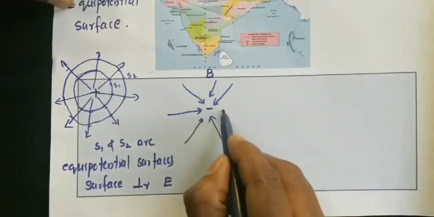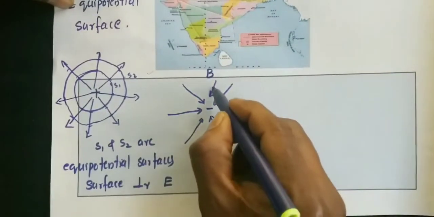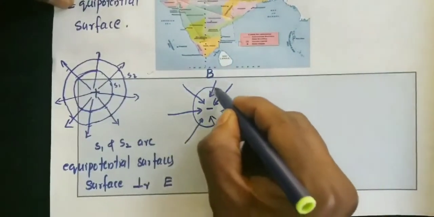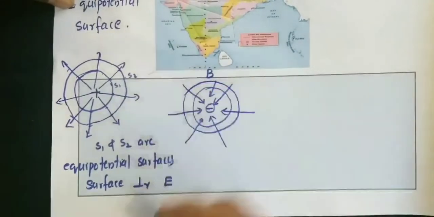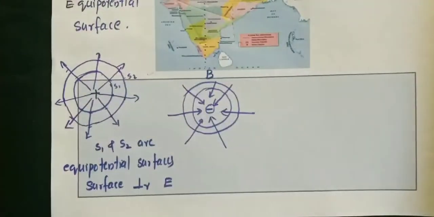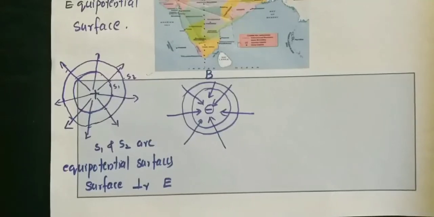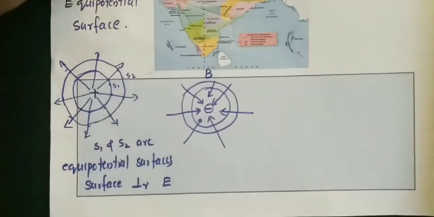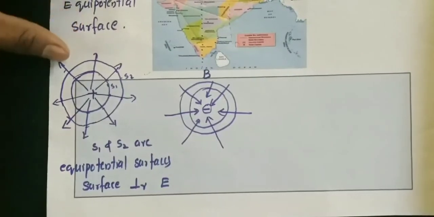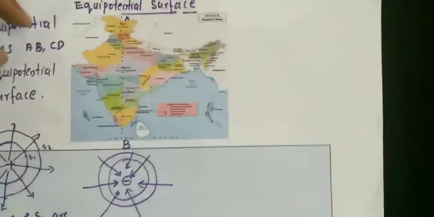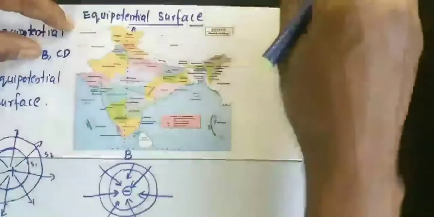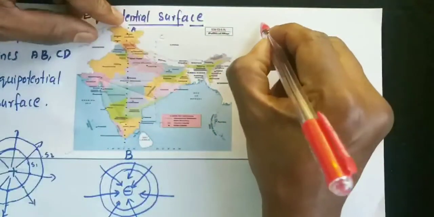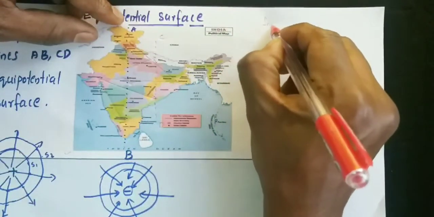As you can see, electric field lines will converge into the negative charge, and these are the concentric spheres S1 and S2 or S3 or S4 or anything, but anyway these concentric spheres are considered as equipotential surfaces. The point is very simple: in space, equipotential surfaces for point charges will be concentric spheres.